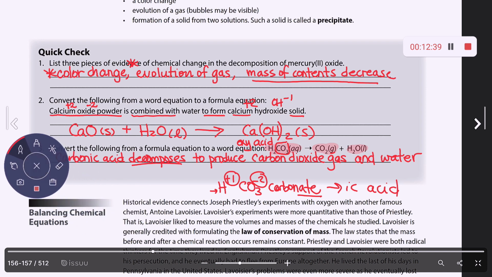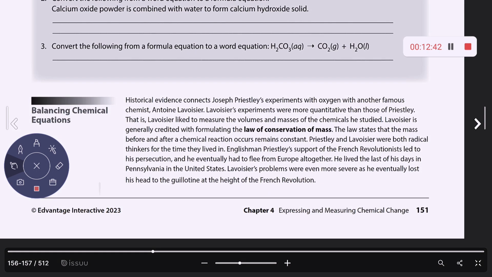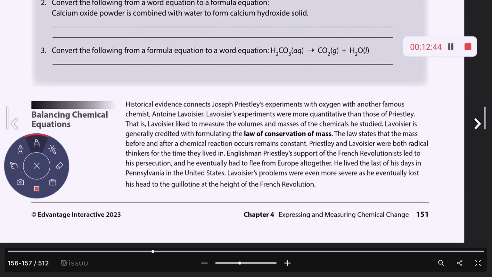So what we're going to do now is talk about Antoine Lavoisier. Antoine Lavoisier performed experiments and he liked to measure volumes and masses of chemicals. That was his thing.